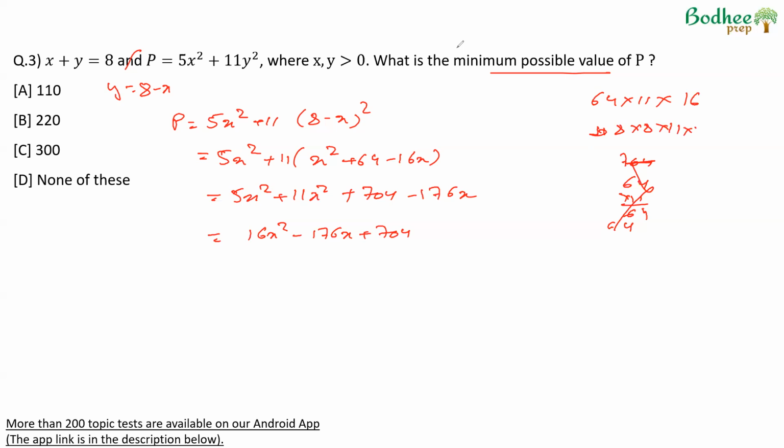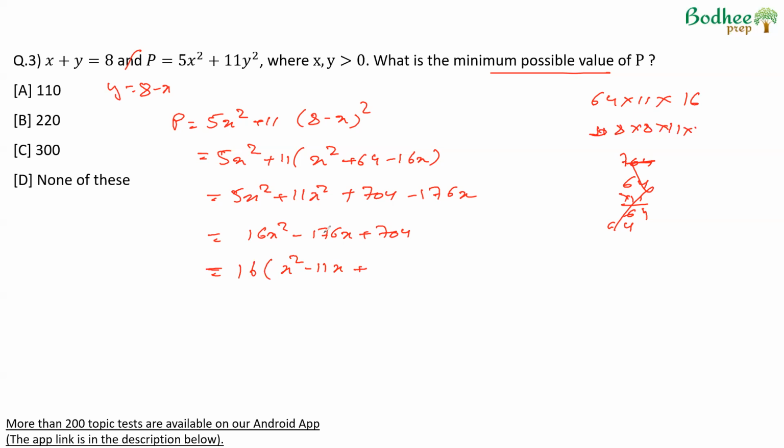Let us use b square minus 4ac. Everything is divisible by 16. Take the 16 out. So 16 into (x square minus 11x plus 44).